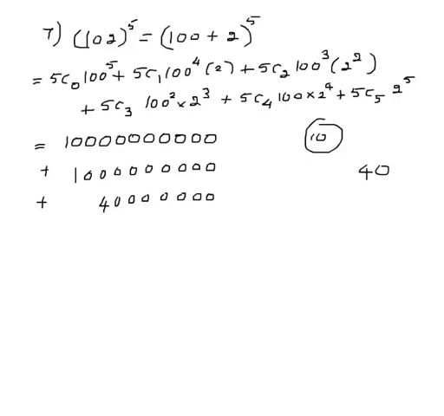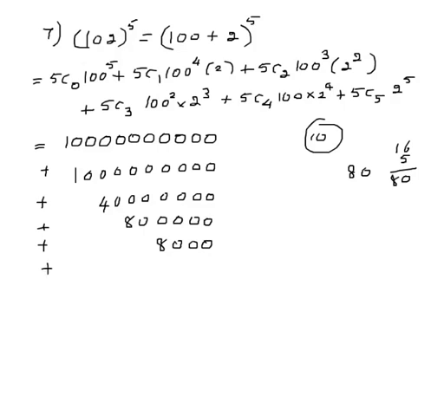5c3 and 5c2 are same, that is also 10, and 2 cube is 8. So 80 times 100 square. Then 5c4 is 5. 5 times 16, which is 80. 80 into 100, which is 8,000.